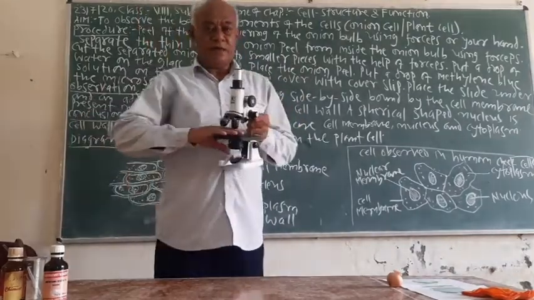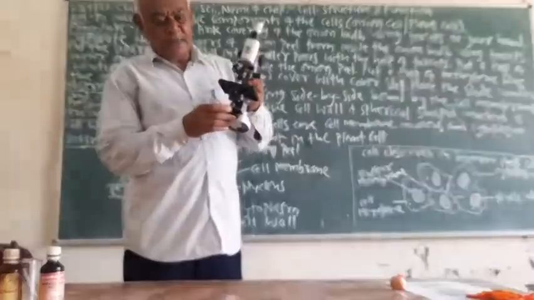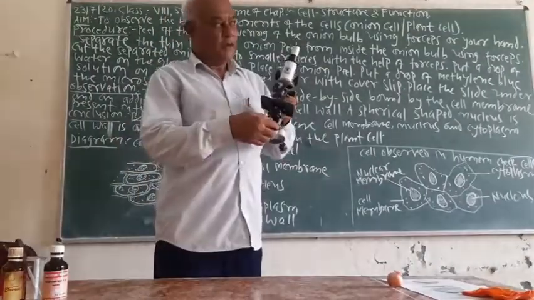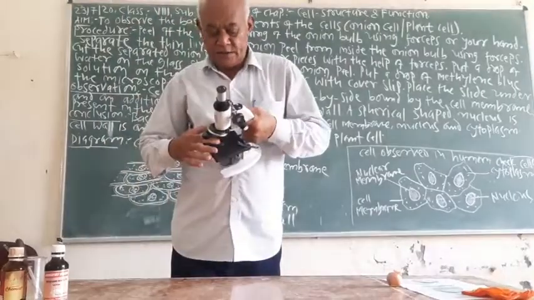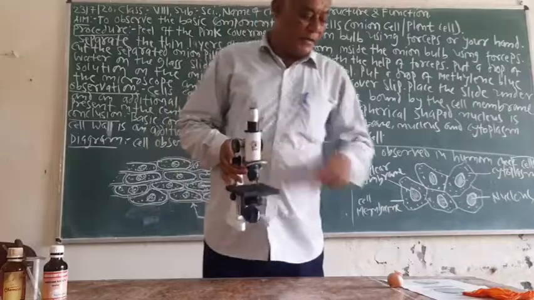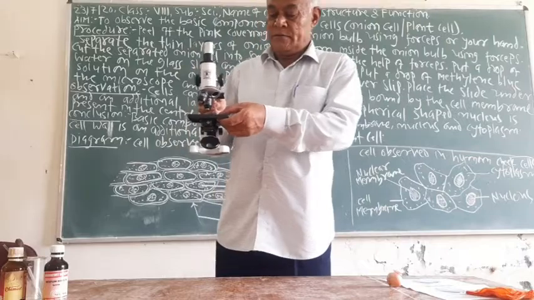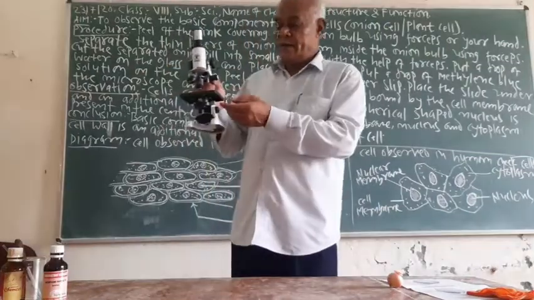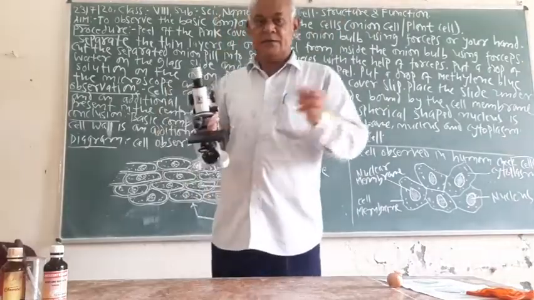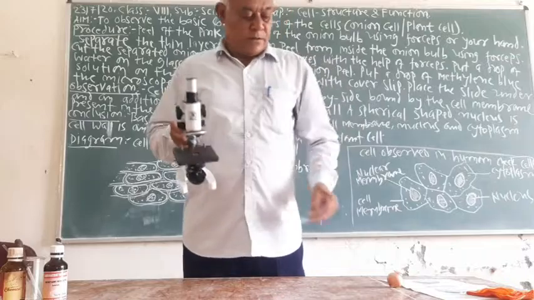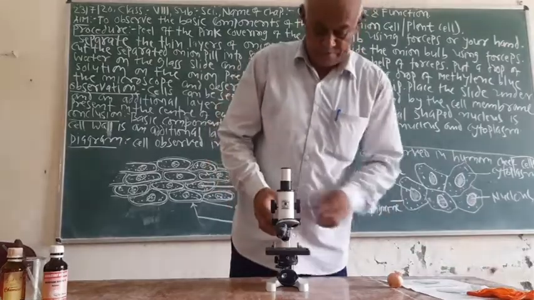This is the base of the microscope, and this is the reflector, which reflects the light from the source and diverts it into this base. If we place a glass slide on this base, then the light also falls on the slide, and this is the holder of the slide.